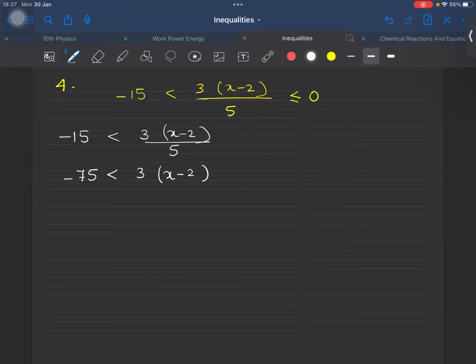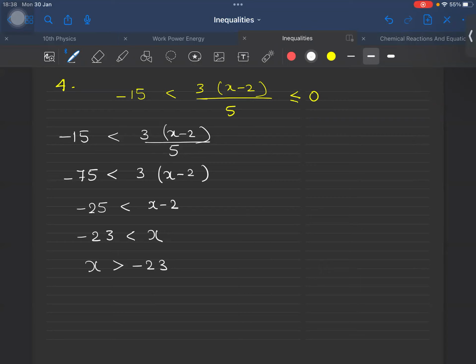Now let's divide by 3. 75 upon 3 is negative 25, lesser than x minus 2. Now let's add 2 on both sides. We get minus 23 lesser than x. That means x should be greater than negative 23.